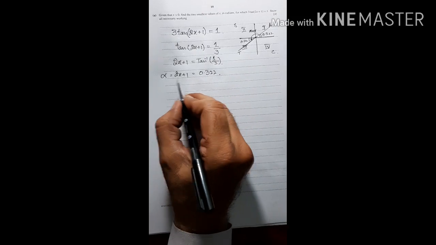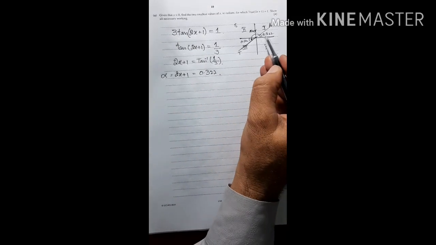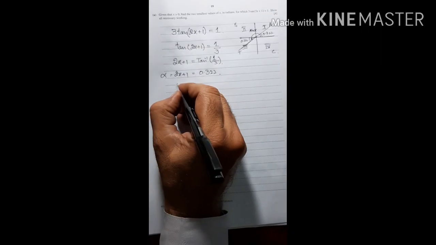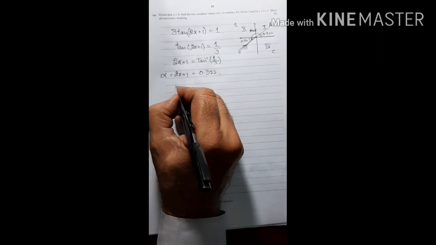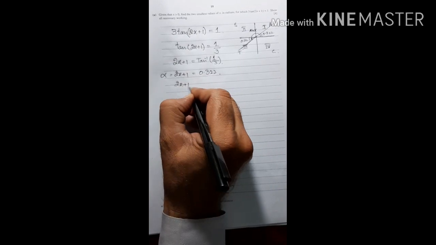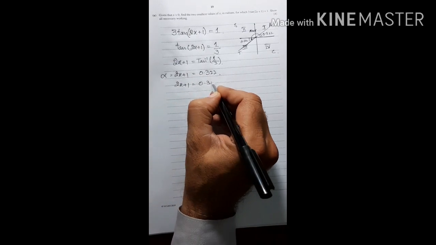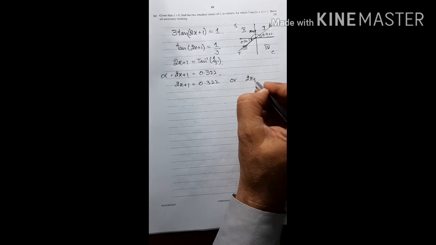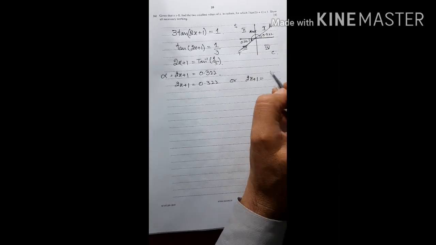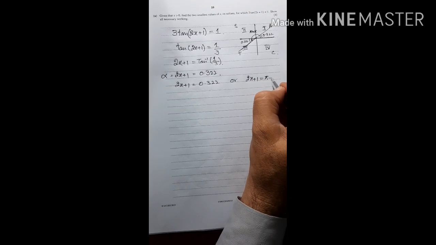So the first is alpha is equal to theta, which means 2x plus 1 is 0.322, or 2x plus 1 is pi plus 0.322 for the third quadrant.